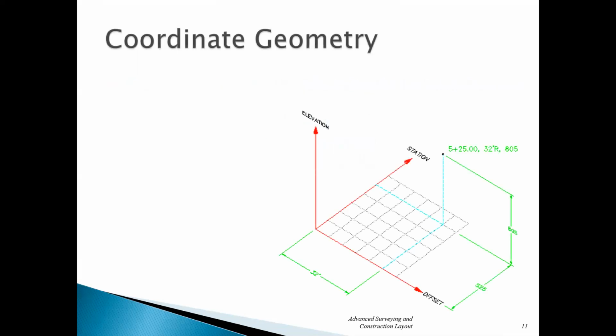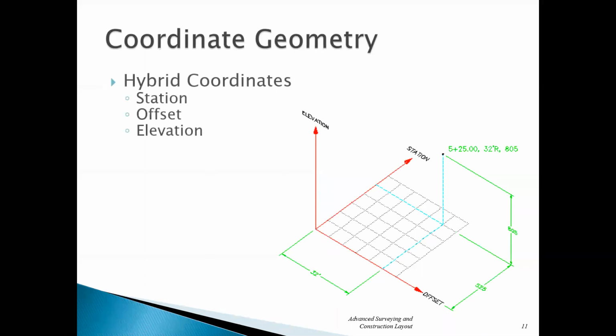So let's talk about another type of system, which is what I consider a hybrid system. In the highway world, it's typically called a station offset. So what you're dealing with is your station and your offset. Those are basically a Cartesian, okay?